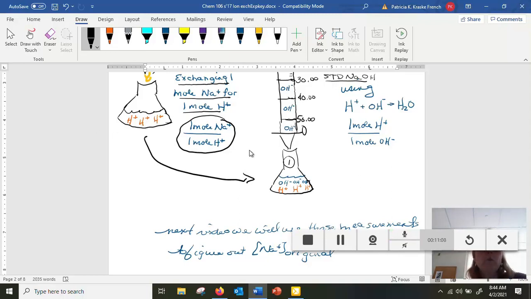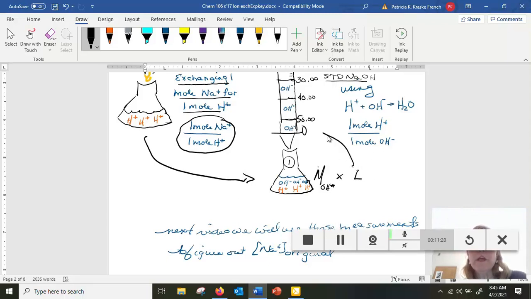Now, when I'm done, how am I going to find the number of moles of hydroxide? Same way I always do. The molarity of hydroxide times the number of liters that we got from here of hydroxide will give you the number of moles of hydroxide that you used to neutralize the hydrogen.